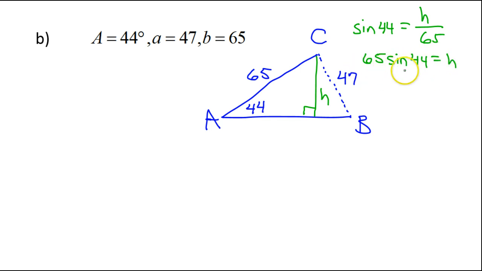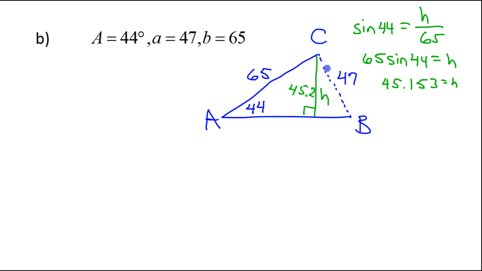Then I will put this in my calculator. 65 sine 44. I am getting 45.153 for my height. So it's approximately 45.2.